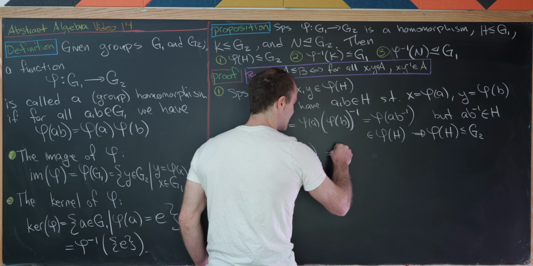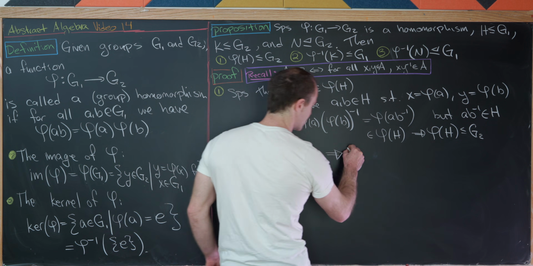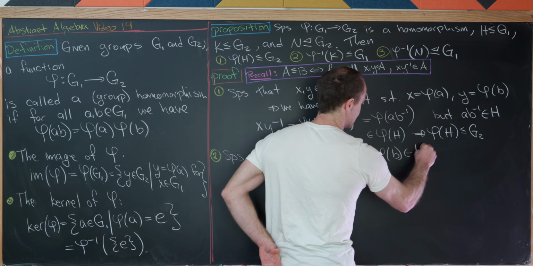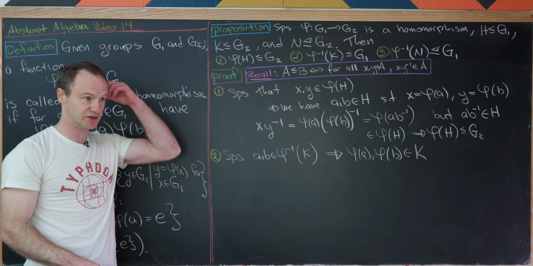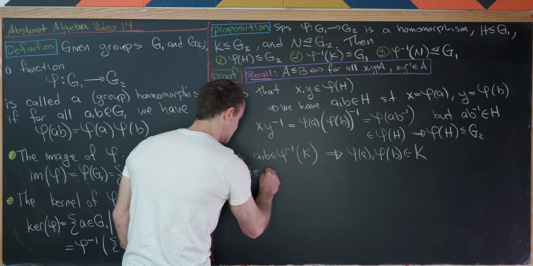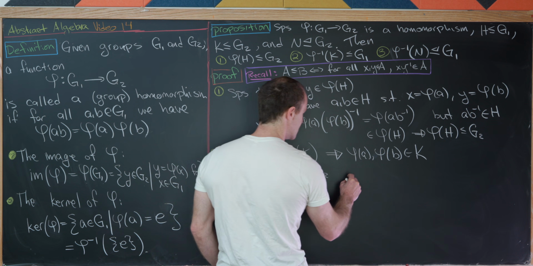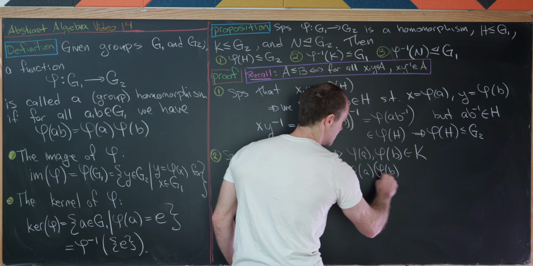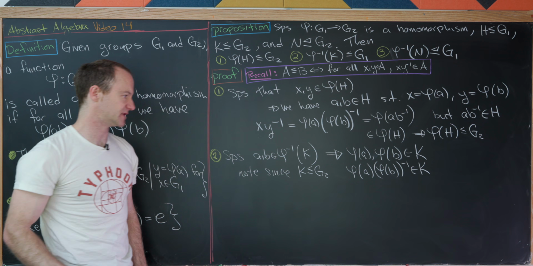Okay, but then by the definition of the pre-image, we can turn this into phi of a, phi of b is inside of K. That's exactly the definition of the pre-image of a set. But now let's notice that since K is a subgroup of G2, we know that phi a, phi b quantity inverse is an element of K. That's by the subgroup test.